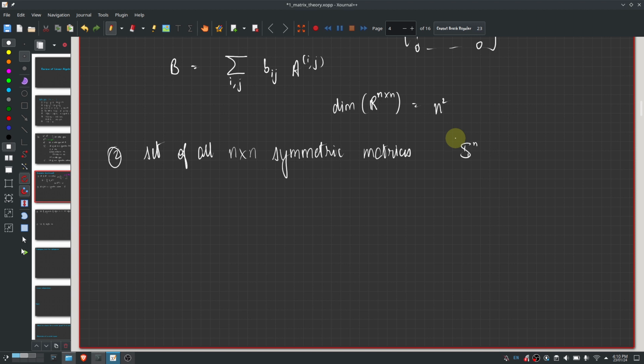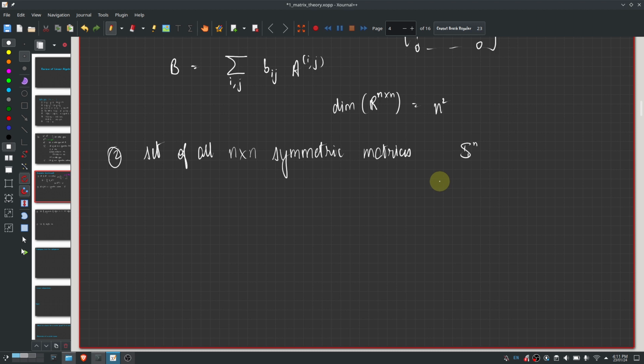Sure. So even if we take a step back, let's see how many, so to speak, degrees of freedom are there in the set of all n by n symmetric matrices. What can you choose freely? You can choose any of the diagonal entries freely. And once you fix all the elements above the diagonal, all the elements below the diagonal are automatically fixed. You can't change them anymore because they have to be symmetric.